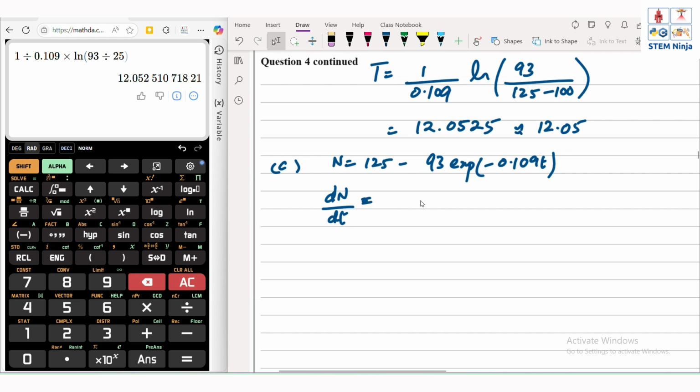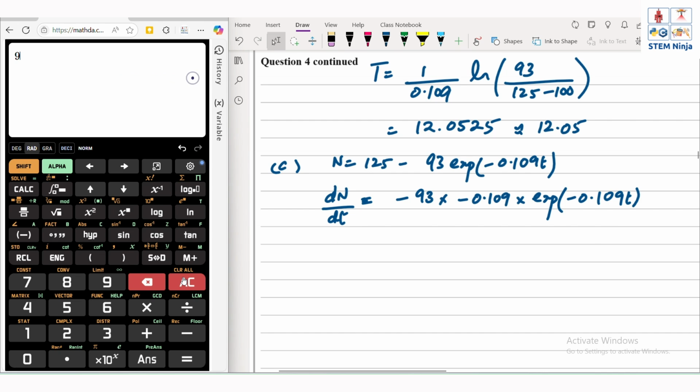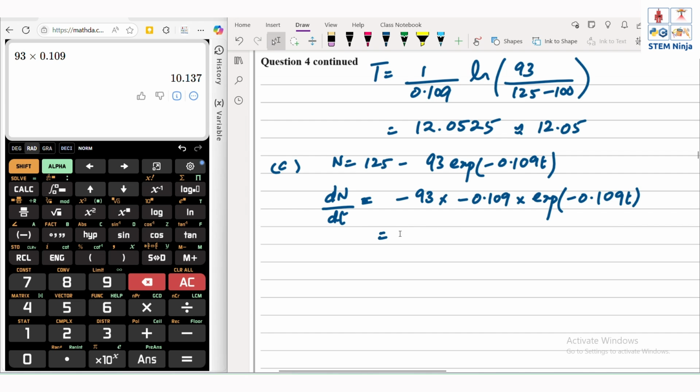The derivative of 125 is 0, so this becomes minus 93 times minus 0.109 times e raised to the power minus 0.109t. So 93 times 0.109 is 10.137 exp minus 0.109t.